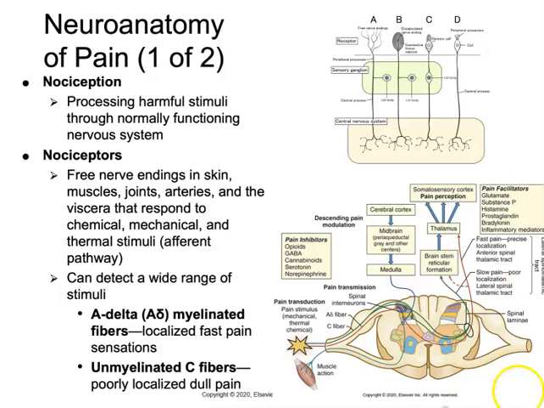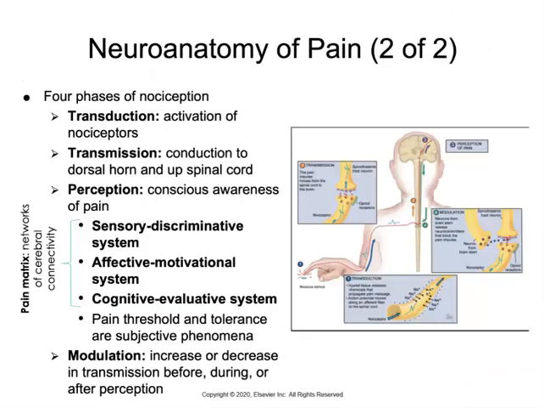So notice how these red and green arrow colors are kind of matching with the fiber types that we talked about. And I like this illustration here on the right hand side because we can really see this would be our first order neuron, our second order neuron, and then our third order neuron here.